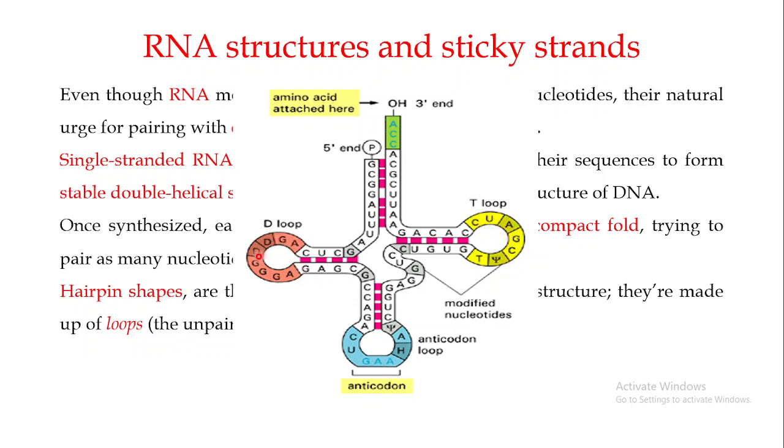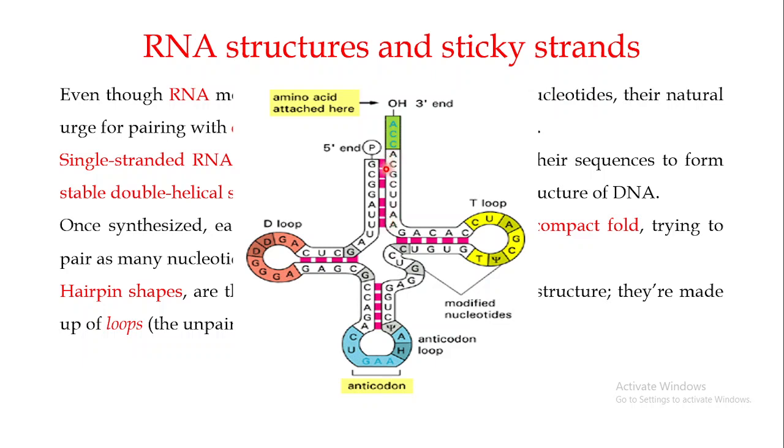This is another loop, again the unpaired nucleotide sequences, and this is another loop. So you have these unpaired regions in the RNA molecules, and they are known as the loops. The stem region, as you can see over here, these complementary sequences are interacting with each other, thereby making a double-stranded helical structure in the RNA molecules.